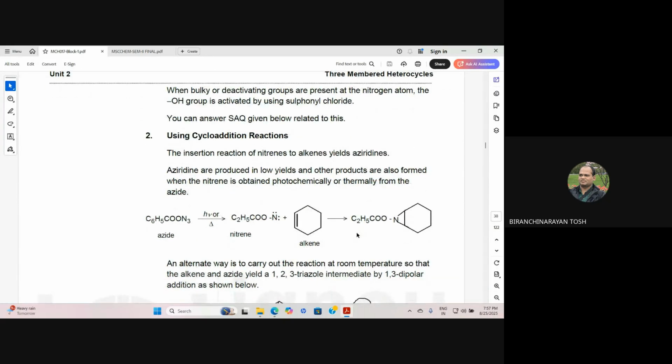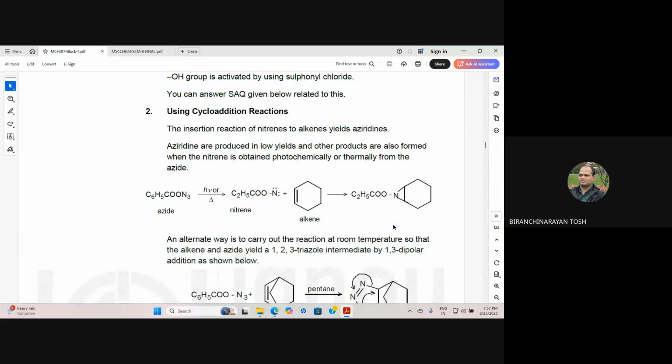Then the second method, using a cycloaddition reaction. Here the insertion reaction of a nitrene to an alkene yields aziridines. Azide in the presence of sunlight produces nitrene, and treated with alkene it produces the substituted aziridine.